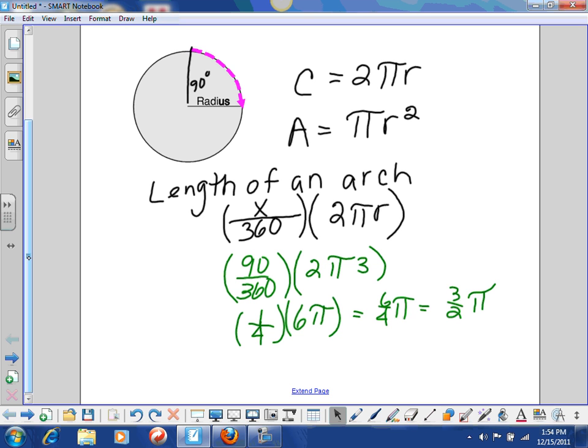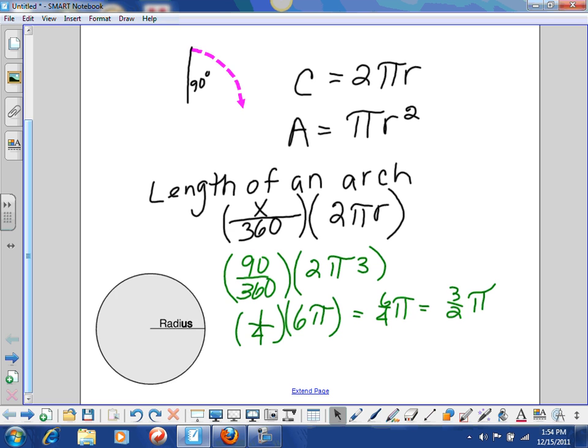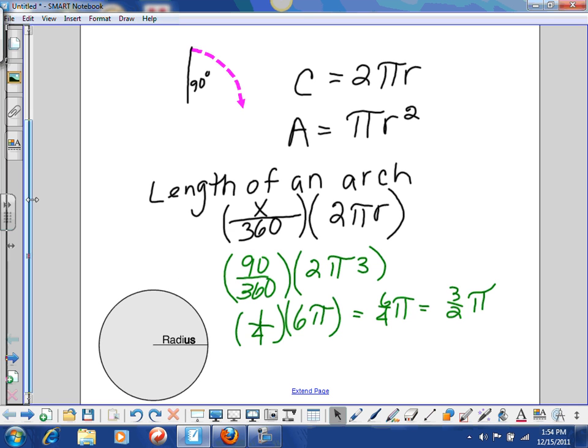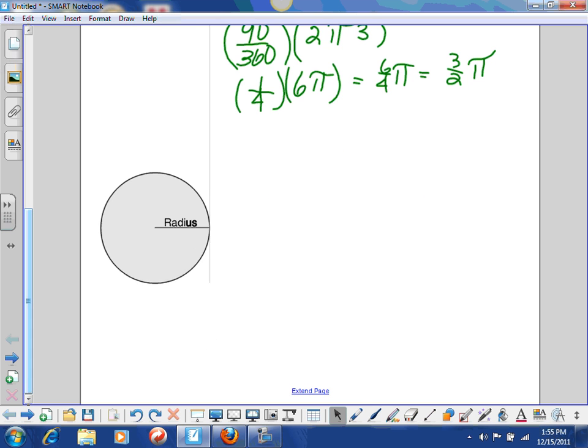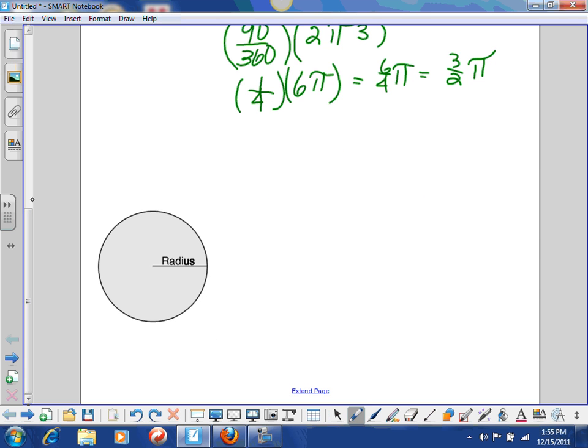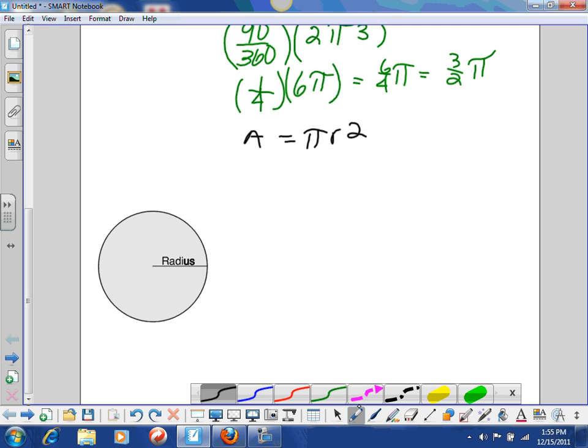So now, let's change this and look at it. Let me move this circle down. We're going to do something a little bit different. I'm going to put the formula for area of the circle, which is pi times radius squared. And let's go. Pick a section that goes something like this.